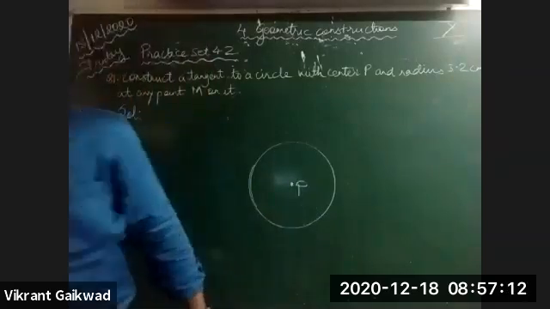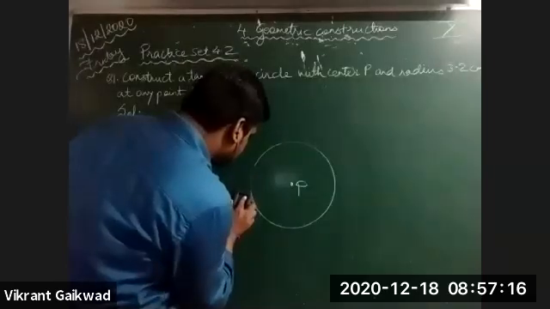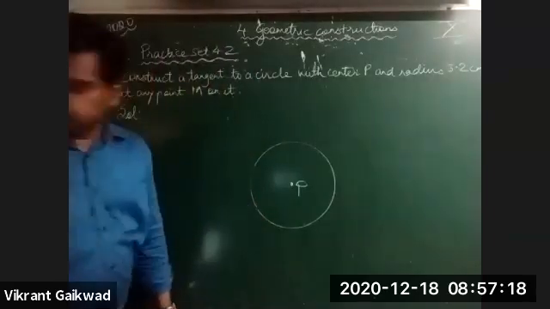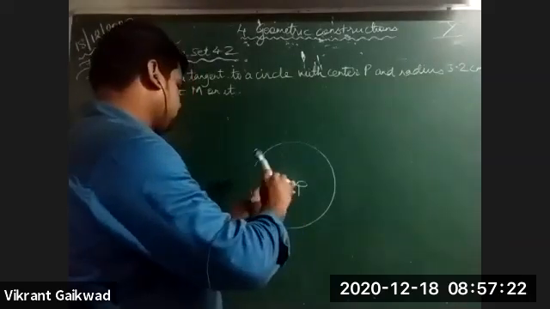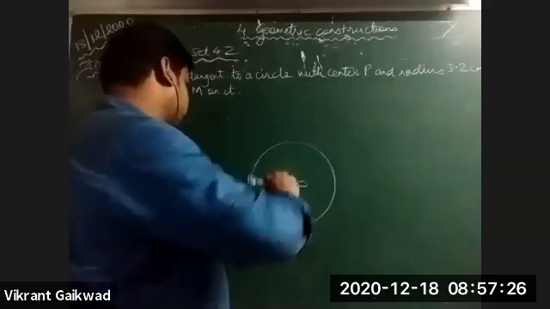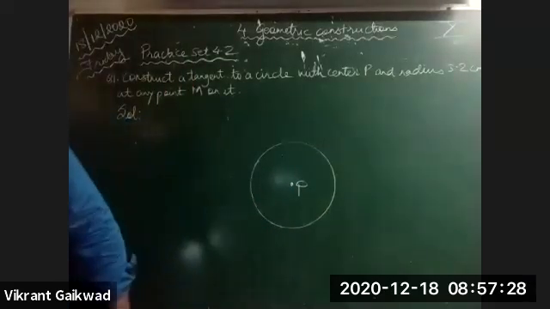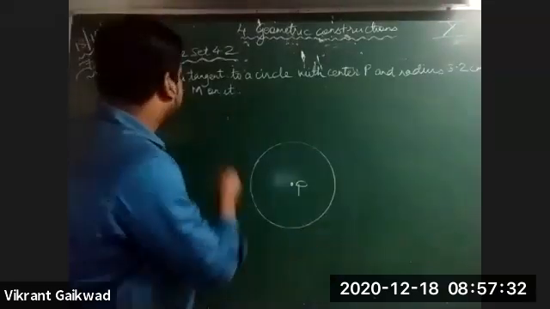After drawing the circle, I'm going to mark any point M on it.